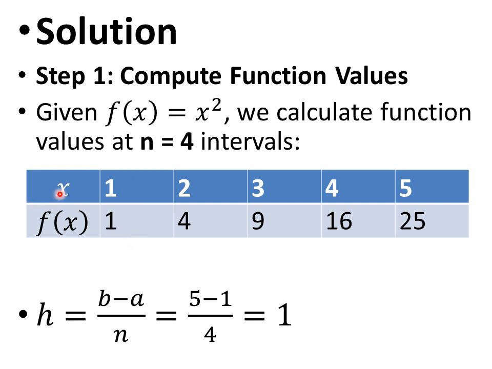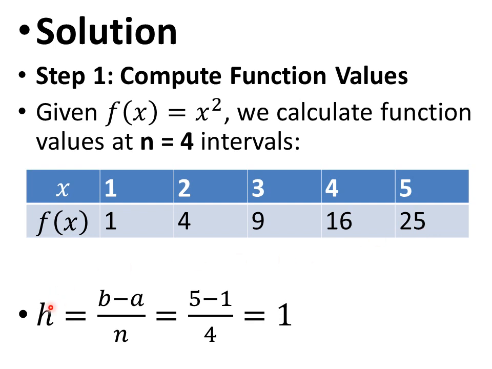If x is 2, then we get 4. The value of x is 3, squared, then we get 9. If x is equal to 4, squared, 4 4s are 16. The value of x is 5, 5 5s, we get 25.